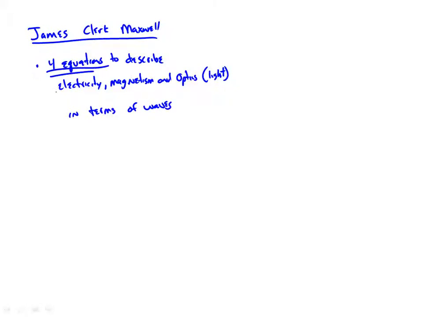And these 4 equations were monumental and basically led everyone to say, well, okay, we've got a great mathematical model for this. It predicts everything very nicely. We can find no flaws with it. And so we're really beginning to think about that.